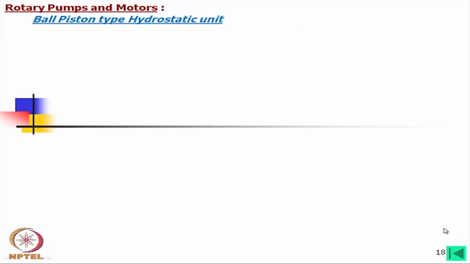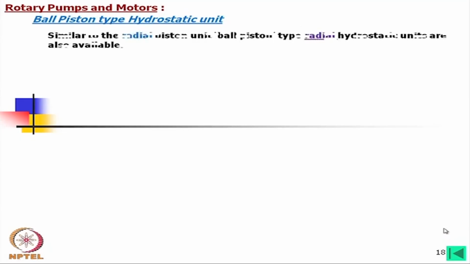Now, with the same idea, instead of cylindrical pistons, we can also use ball pistons. If you look at just balls, spherical balls, and you put them in a cylinder, that can also act as a piston.